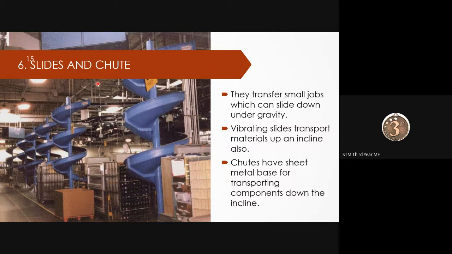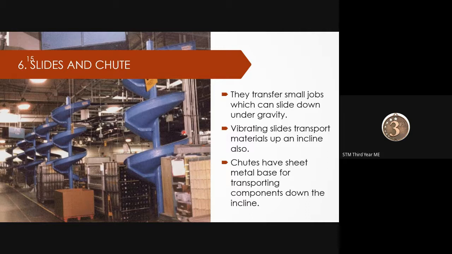Now, some transport in chutes or slides may be of a vibrating type. Additionally, we provide vibration to these slides or chutes. The necessity for that is to ensure that all the components reach the bottom side.